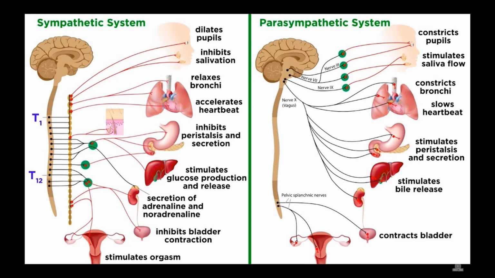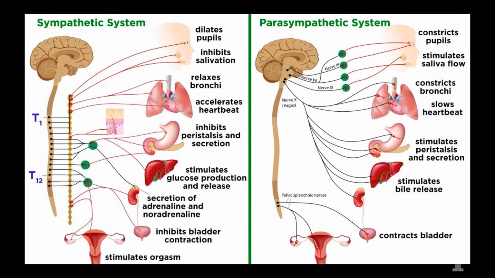So the sympathetic system leaves the nervous system at the thoracolumbar sections. So typically T1 to T12, and a bit in the lumbar region as well, that you can see in this image. Okay, and what does this system do?